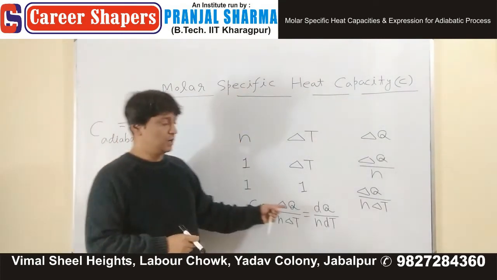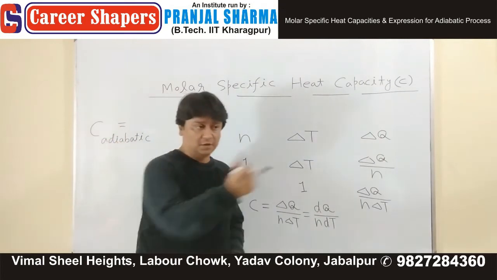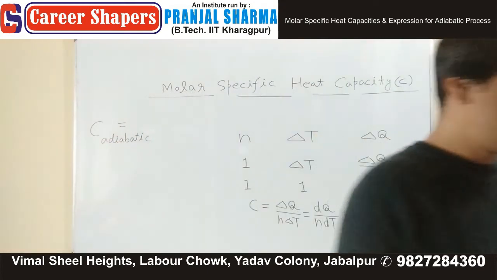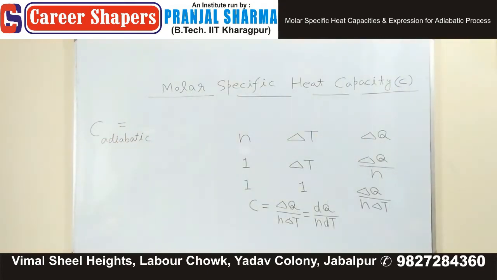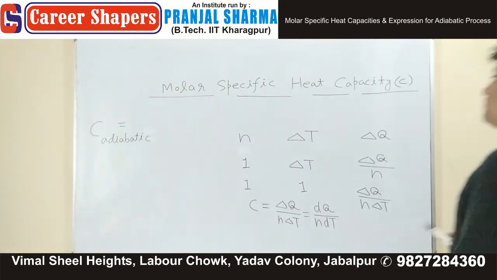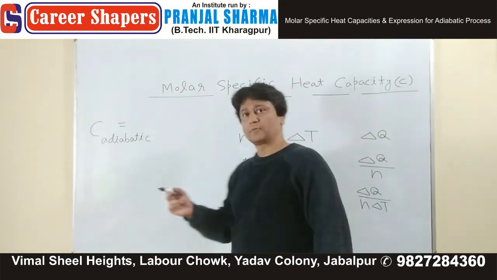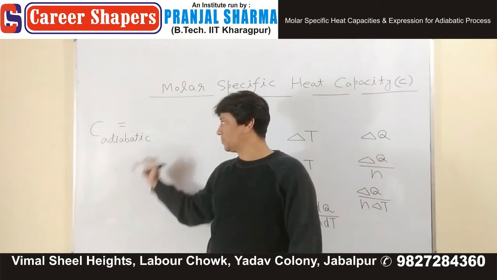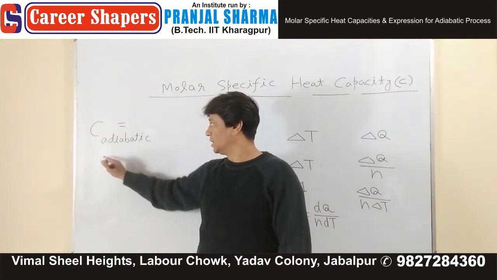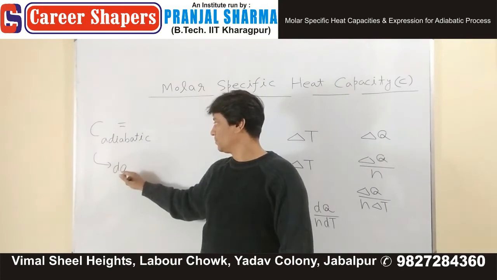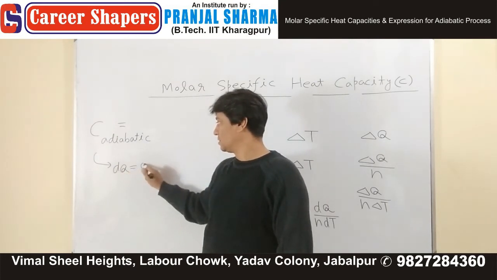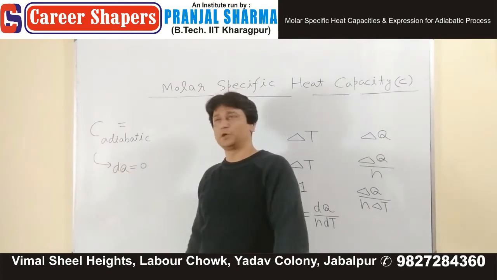Look at the formula. Answer in the comment box. Good. For an adiabatic process, dQ, heat supplied, is 0.